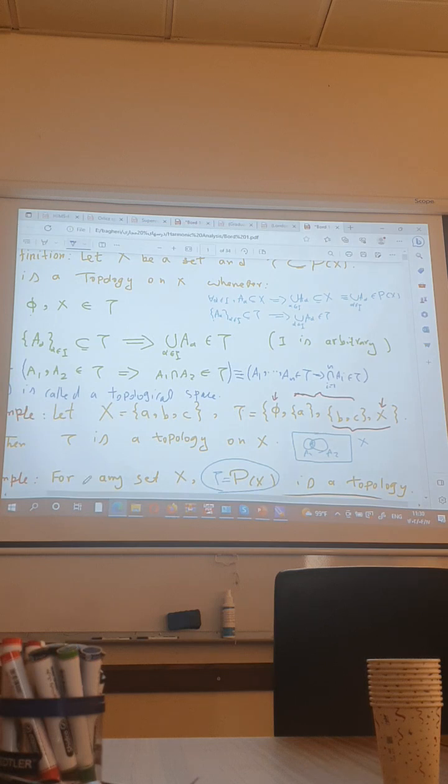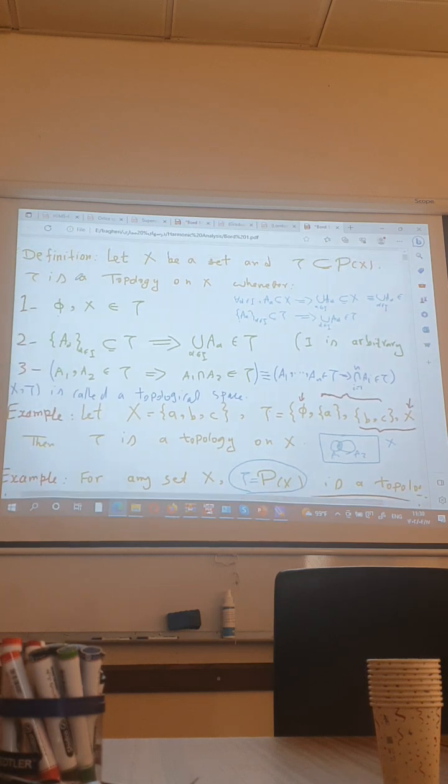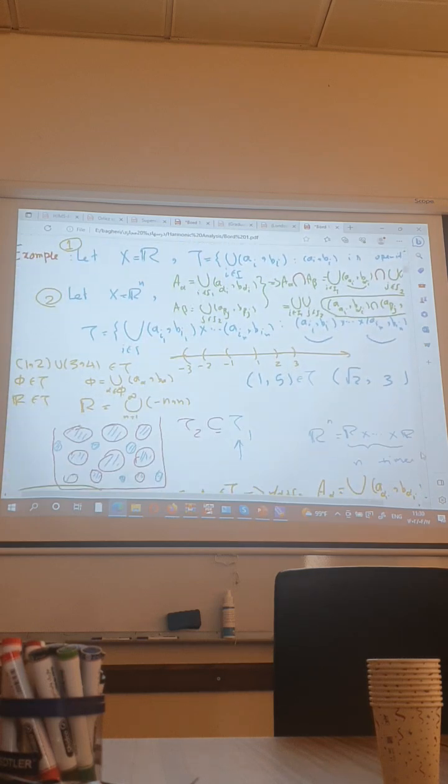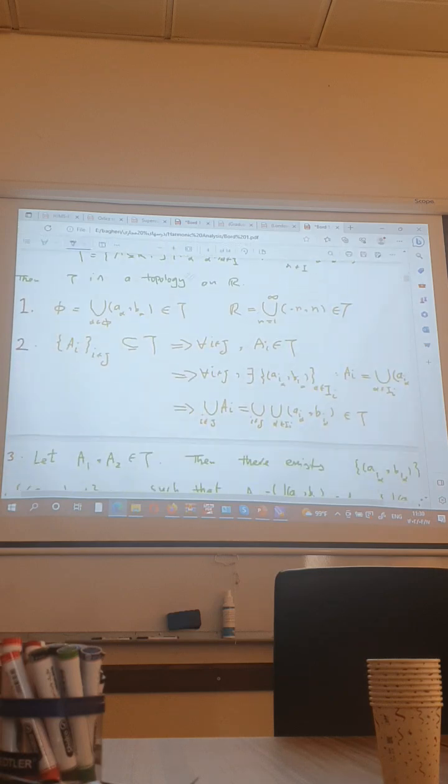The empty set and the whole of R belong to tau. For any family in tau, its union belongs to tau, and for any two elements in tau, the intersection of A1 and A2 belongs to tau. We have these three properties, and so this is an example of a topology on R.